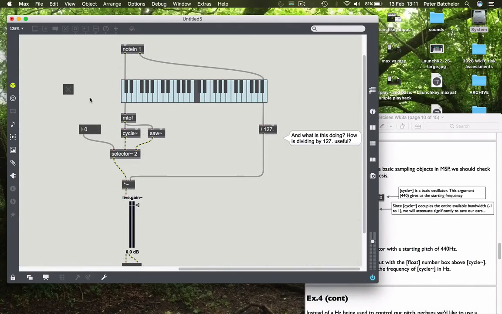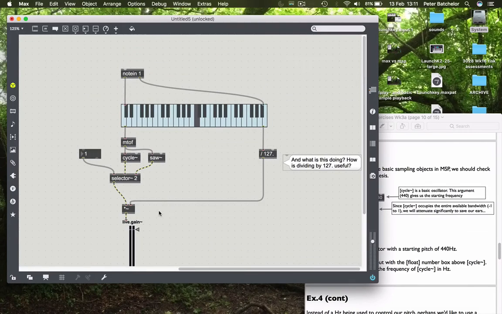And just as with the toggle connected to a gate, if I turned that on, the number 1 would be sent, and that would open the first outlet. So here again we can send a 1, and that will open the first inlet of this selector object and provide us with a sine wave.